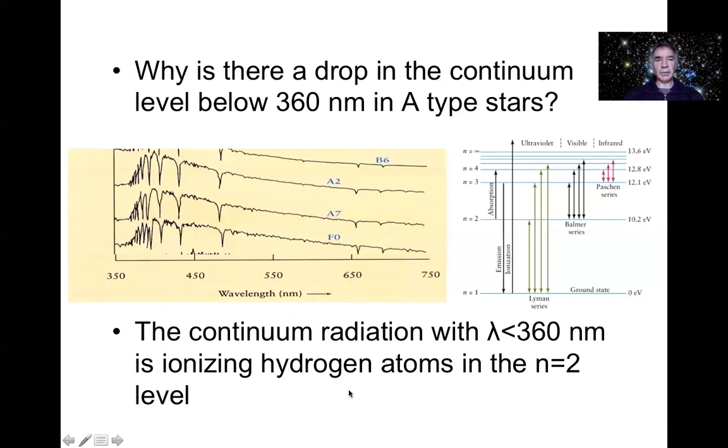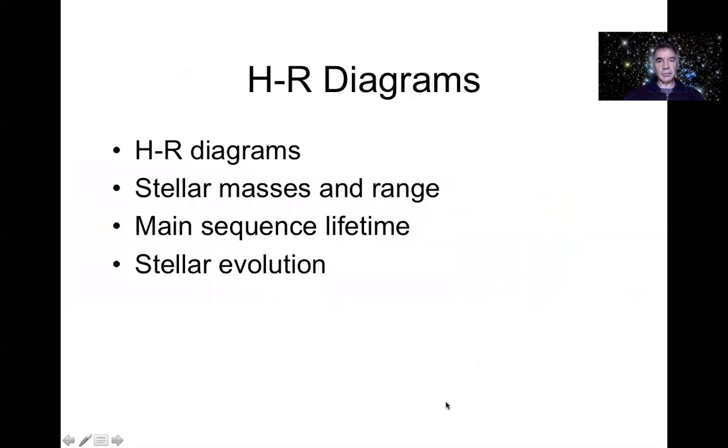As I say, we've introduced this idea of spectral type. This was developed in the early part of the 1900s, and all the way through the 20th century, spectral classification was a big thing. Today we'll look at the next major use of that new knowledge.